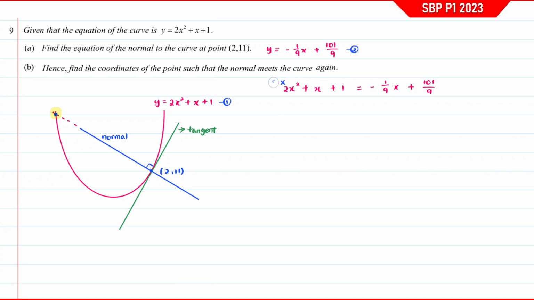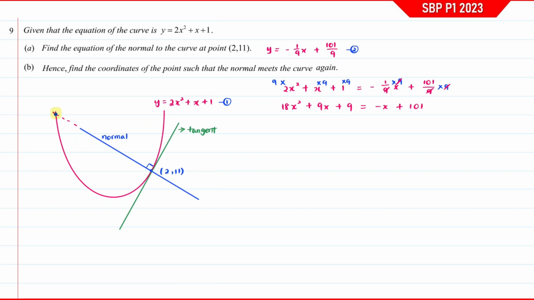Here I'm going to multiply each term with 9 so that I can get rid of the denominator 9. So here you're going to get 18x squared plus 9x plus 9 equal to, the 9 here will cancel, just left with -x plus 101.